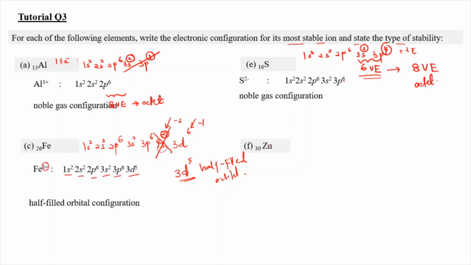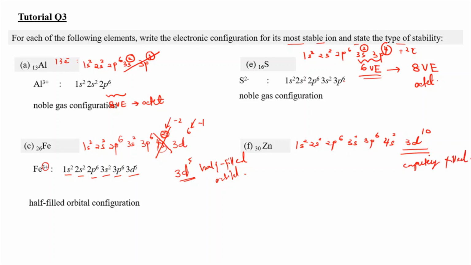Alright, and now for question F, we have the 30 zinc. So as usual, we need to write the electronic configuration, which is 1s2, 2s2, 2p6, 3s2, 3p6, 4s2, and then a 3d10. So here what you can see is that we have a completely filled orbital.